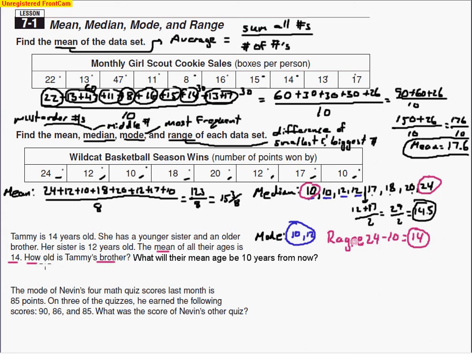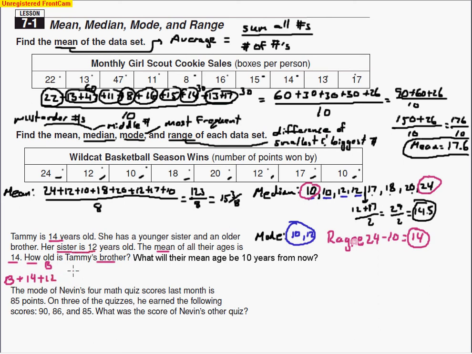So let's call this one B for brother. We don't know what that is, so we're going to write a little equation for this. When we're finding the average, what we do is we add up all the numbers. So we got the brother's age B, plus Tammy's age is 14 years, so plus 14, plus the sister's age, 12, so plus 12.